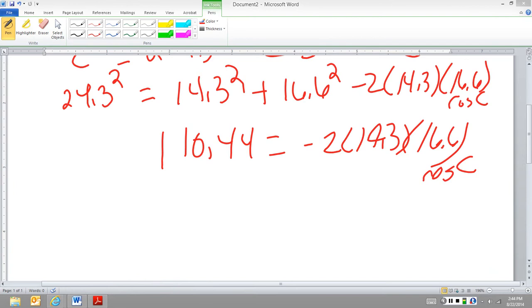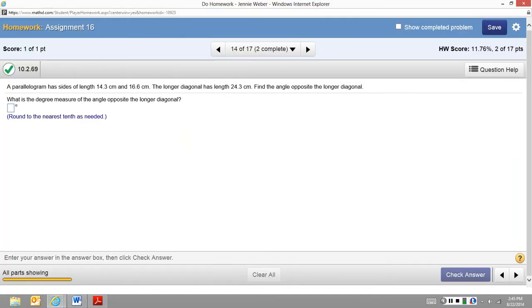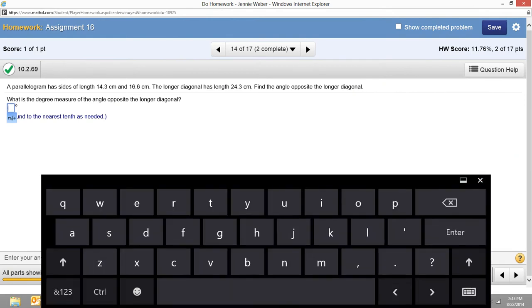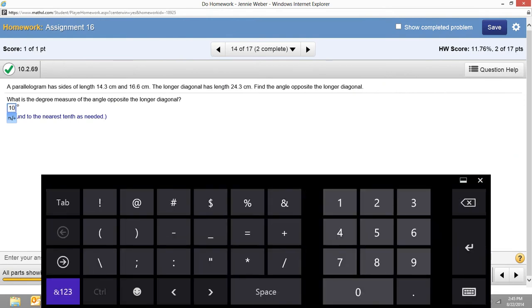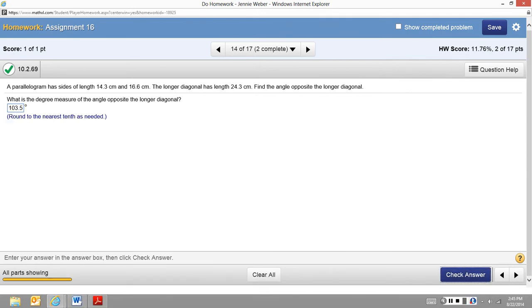You should get C equals 103.45. So then I come back here and round to the nearest tenth. So 103.5. Check answer.